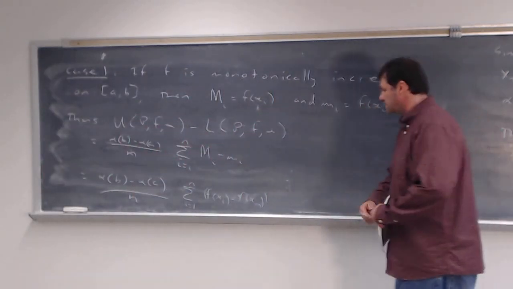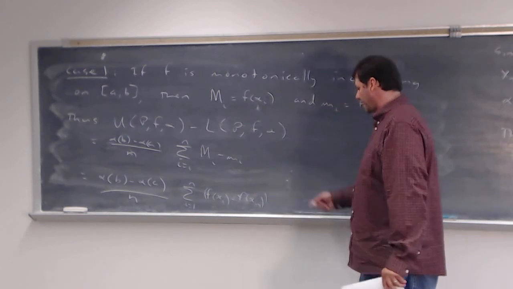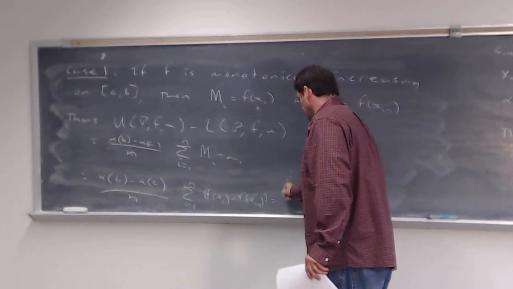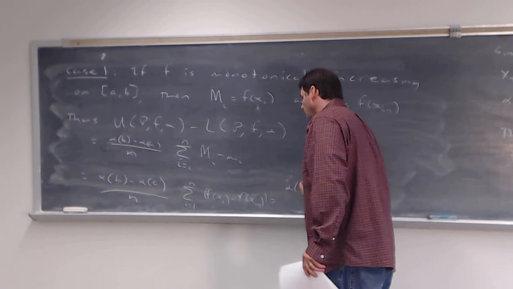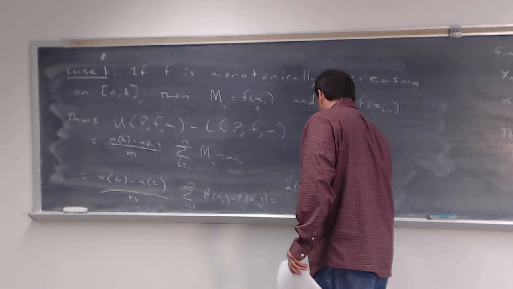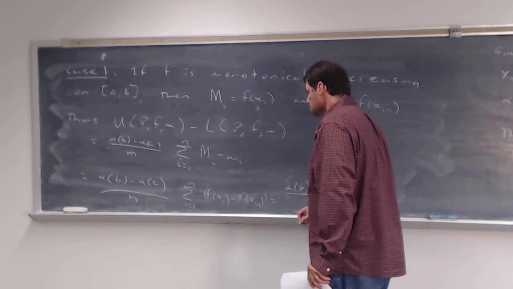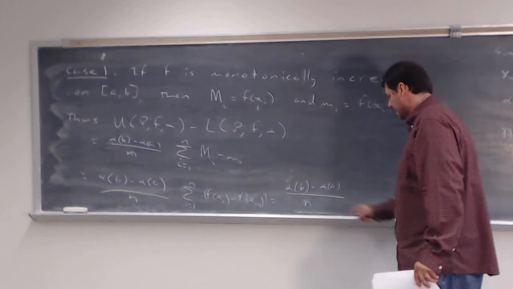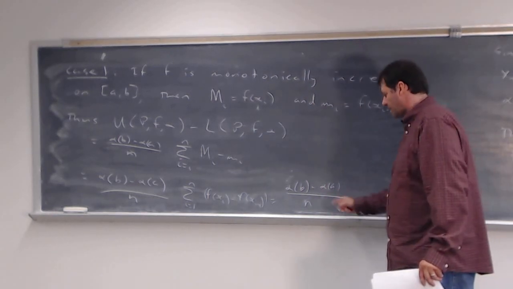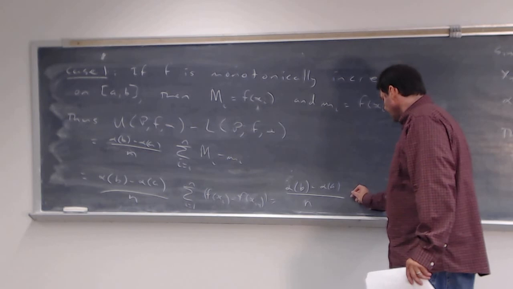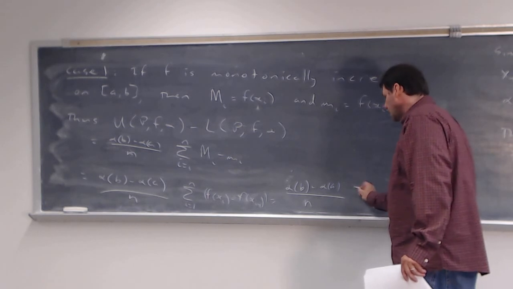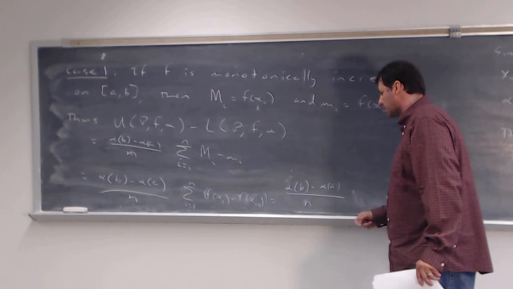Now, a lot of those terms in the sum will cancel out, and what we just end up getting is alpha of B minus alpha of A divided by n. That's our delta alpha sub I for each one. And then times the sum, oh, well, I said most of them will cancel out.